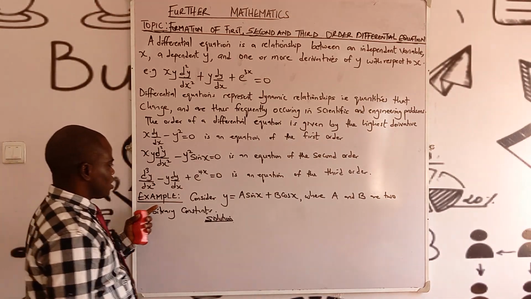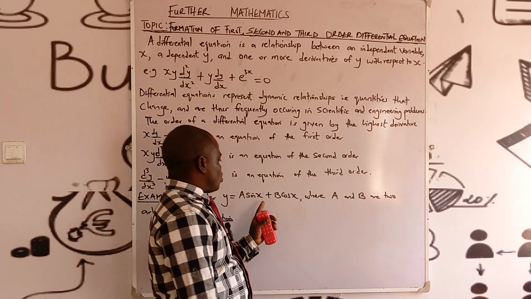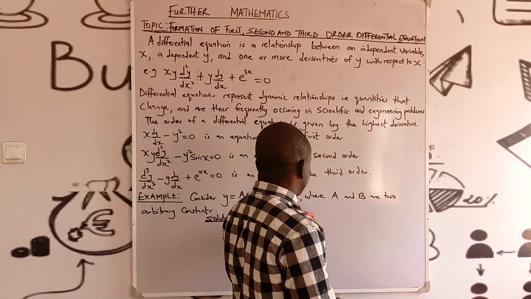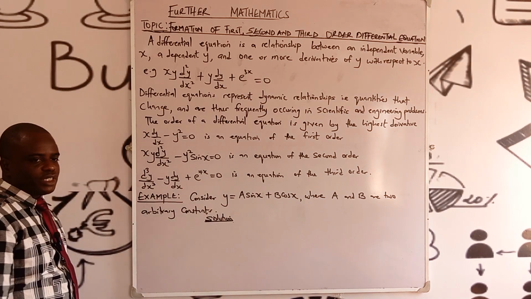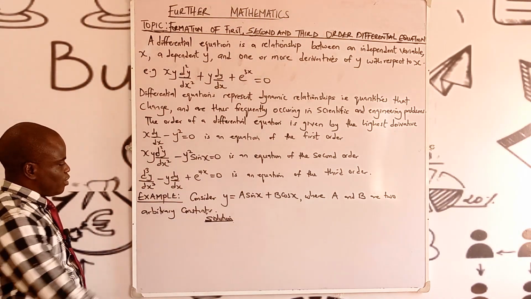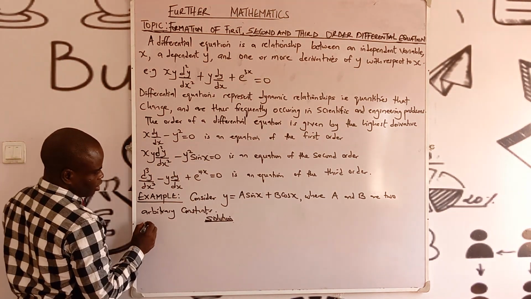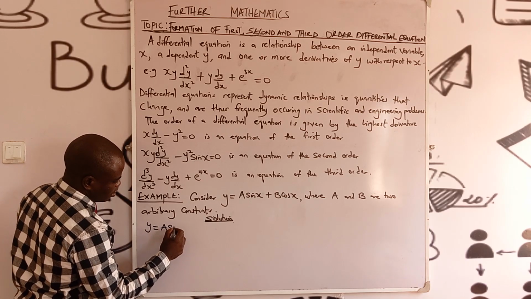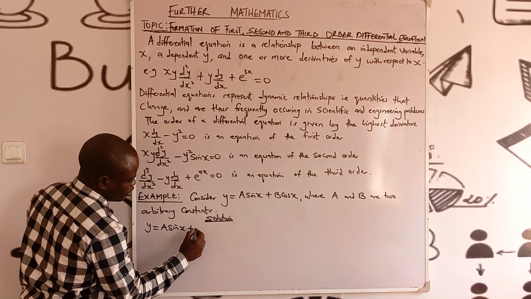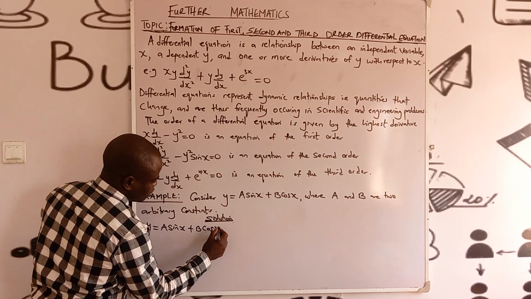Now let's consider this example. Consider y equals a sine x plus b cos x, where a and b are two arbitrary constants. Now let's start with y equals a sine x plus b cos x.